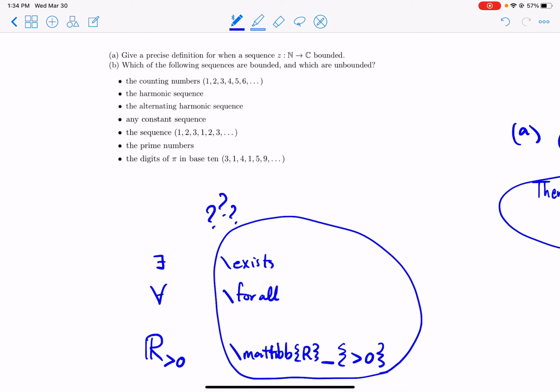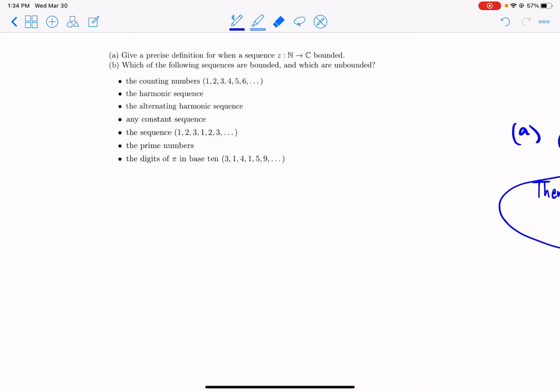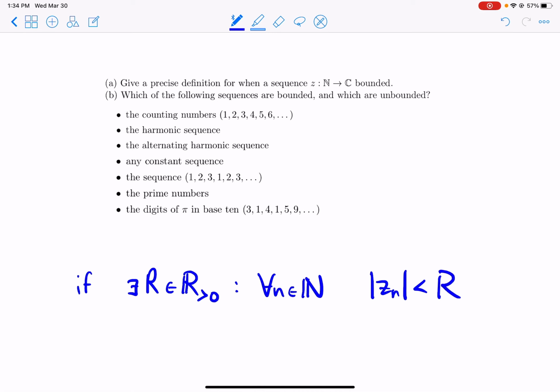You don't have to write it in LaTeX, but that's in case you want to write it in LaTeX. But quiz yourself. When is a sequence bounded? You should be able to do that.